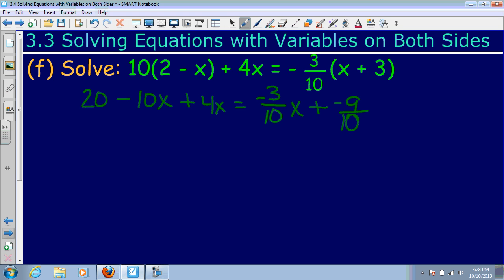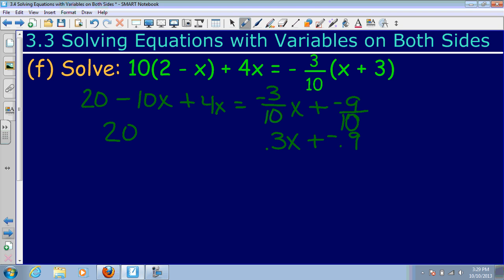Okay? Now, you could do one of two things. You could turn these into decimals, or we could multiply and get rid of the fraction. You want to turn them into decimals? 3/10 is 0.3x plus negative 9/10 is 0.9.